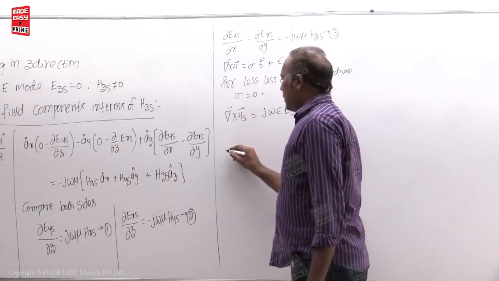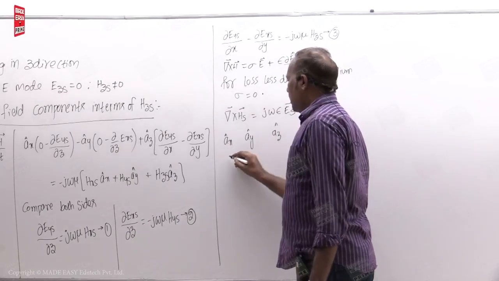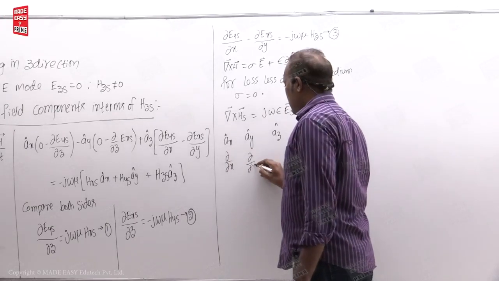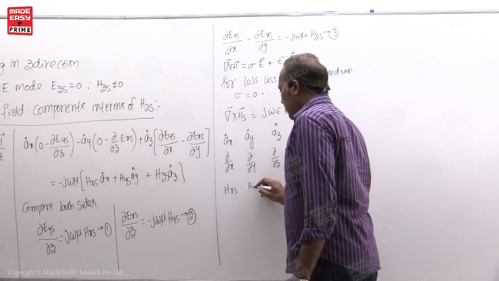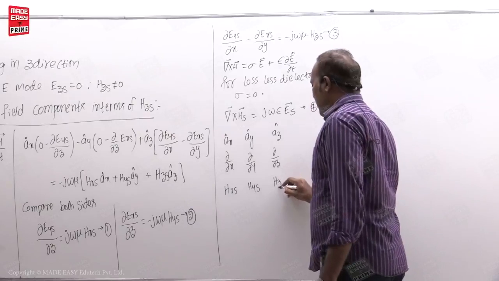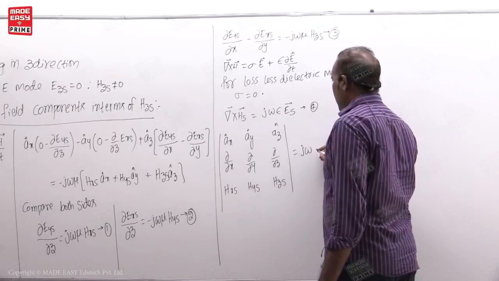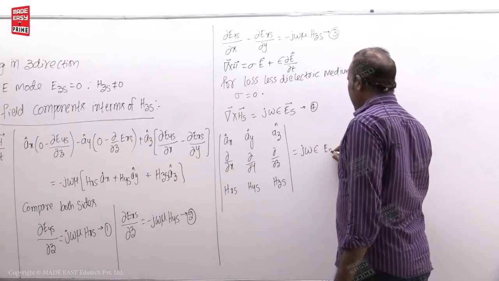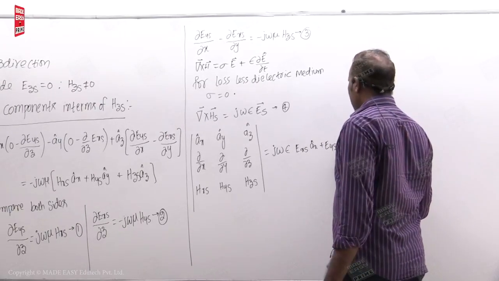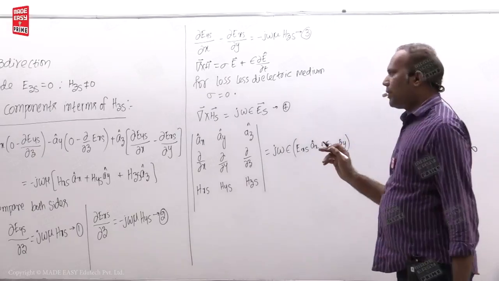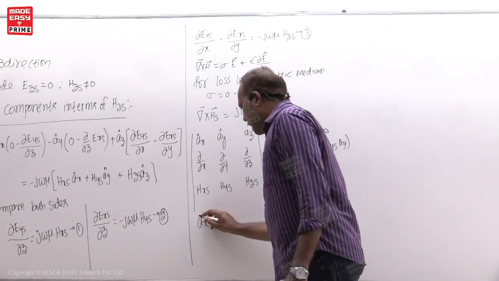You substitute Hs bar, that is unit vectors ax cap, ay cap, az cap, ∂/∂x, ∂/∂y, ∂/∂z, magnetic field x component, y component, z component in phasor domain, equal to jωε times the electric field x component and y component in phasor domain, but there is no electric field z component for this mode.